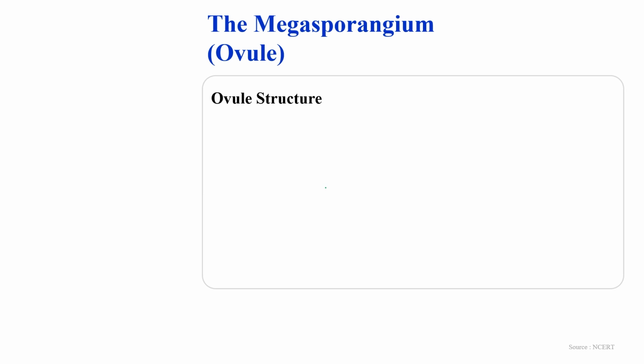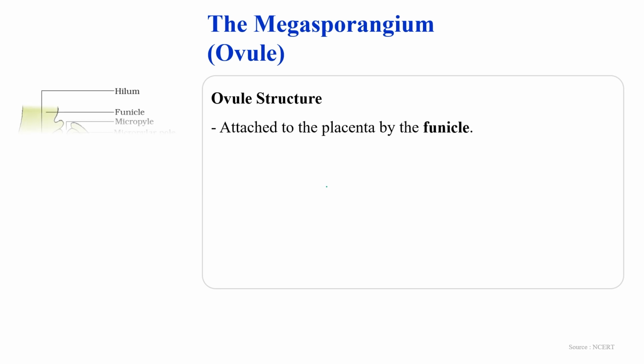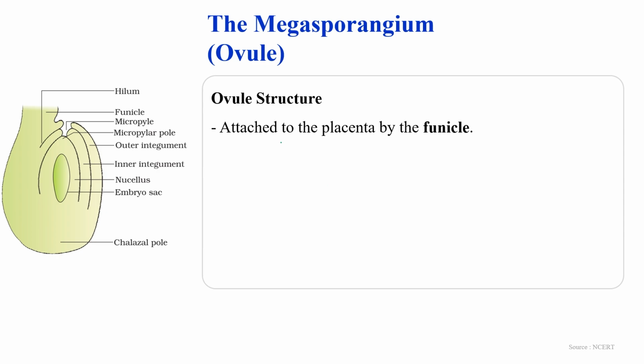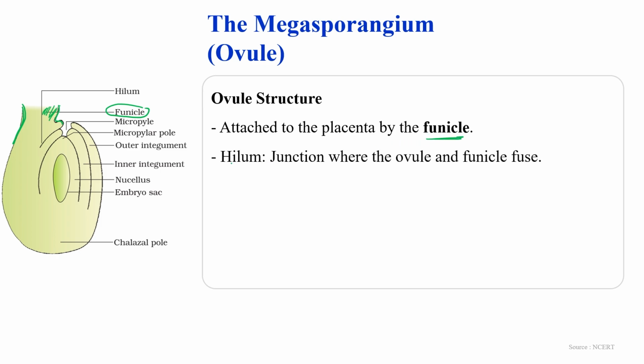Now let's discuss the detailed structure of the ovule. The ovule is attached to the placenta by a longitudinal structure known as the funicle. There is another structure known as the hilum.